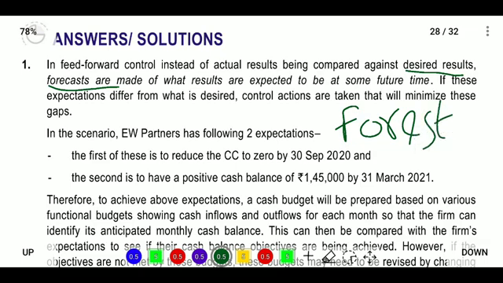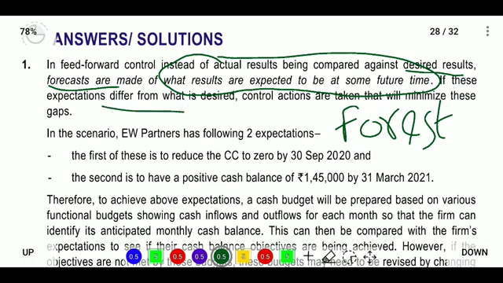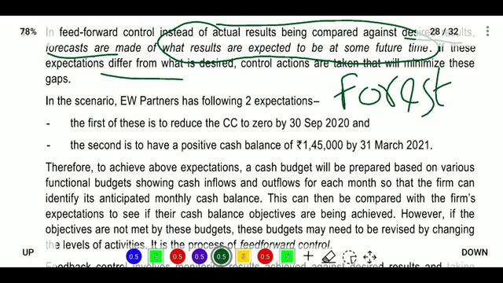Provisions, projections, expectations, etc. Next, what results are expected to be at some future time? So whatever result you expect in some future term, we will forecast now itself. If this expectation differs, if there is any difference from what is desired, control actions will be taken, and we will minimize these gaps.